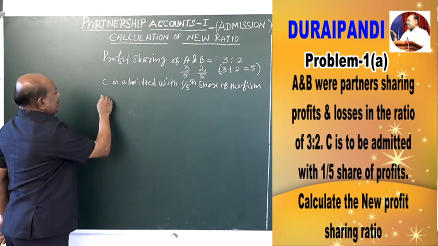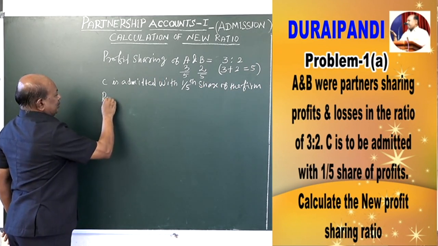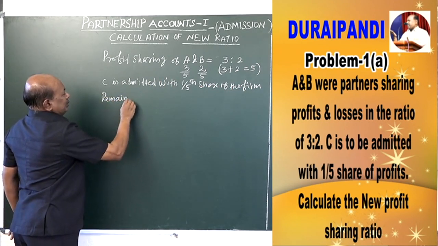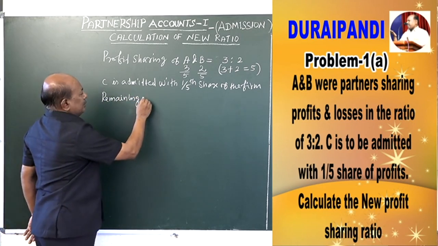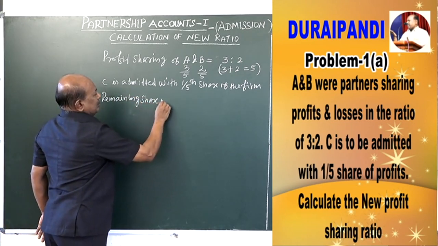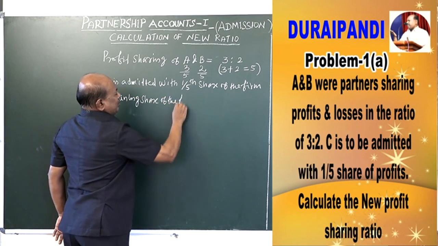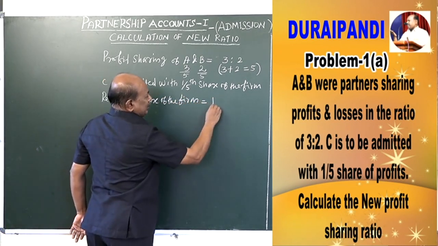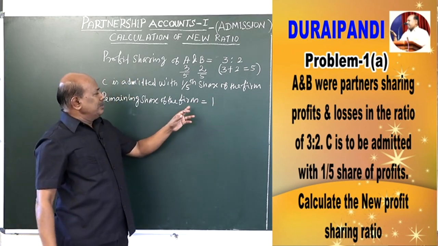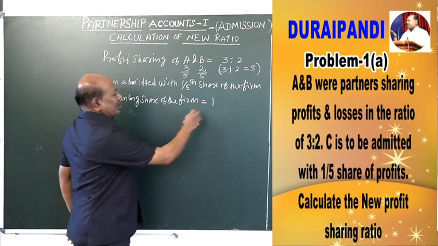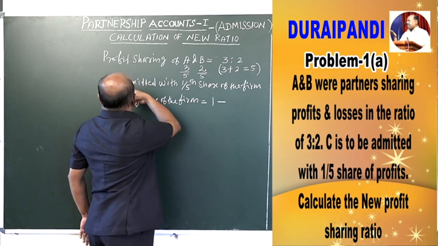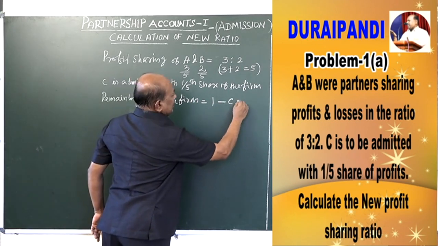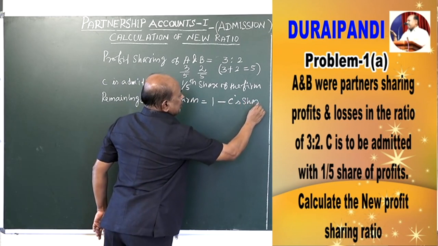Here, the remaining share of the firm is 1 minus C's share.